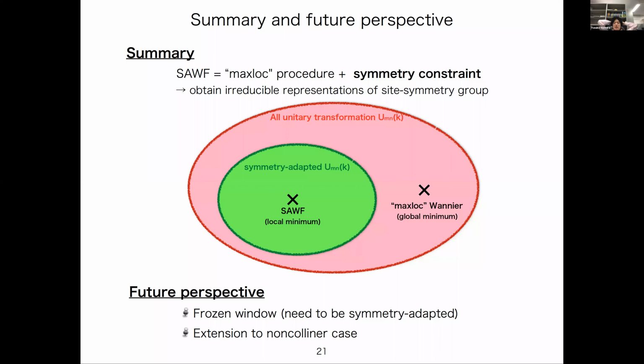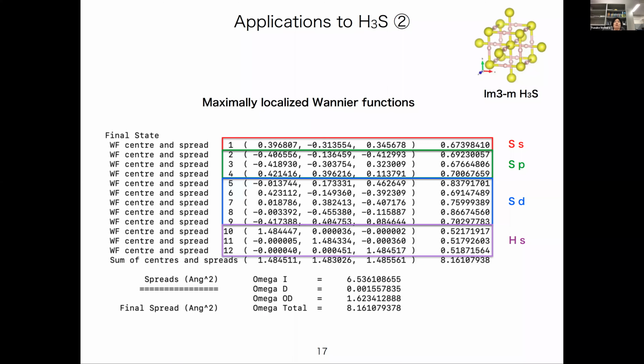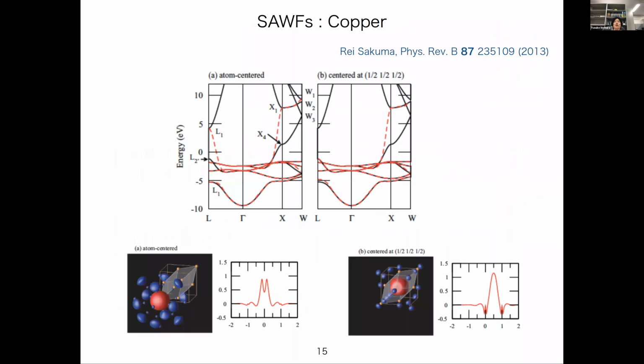Yeah, I agree. Basically, just constraining the center does not care about the shape of the Wannier function. But on the other hand, in the case of the symmetry-adapted mode, basically we use the character table of the irreducible representation. So how d-like Wannier orbitals are transformed by symmetry, or how p orbitals are transformed. So it also cares about the shape of the Wannier function.